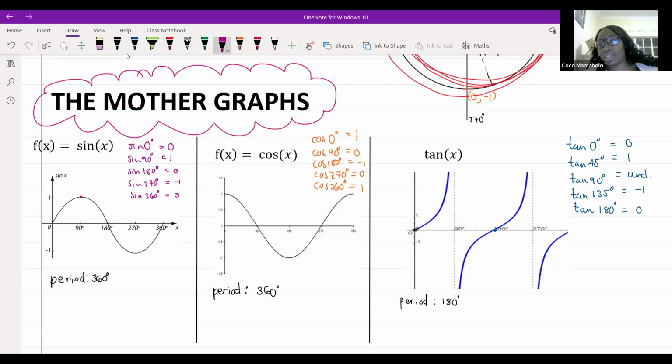So at the point 30 degrees, my graph touches the point 1/2. But because my graph could go on forever, it can keep going again and again and again.